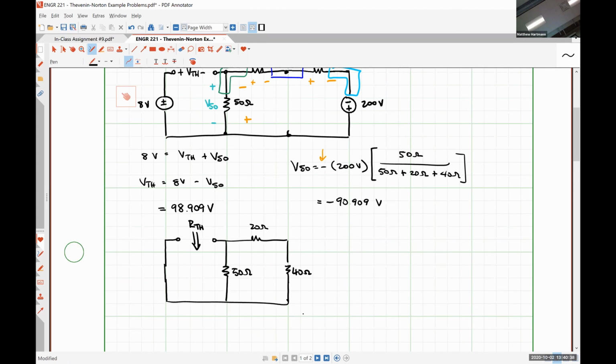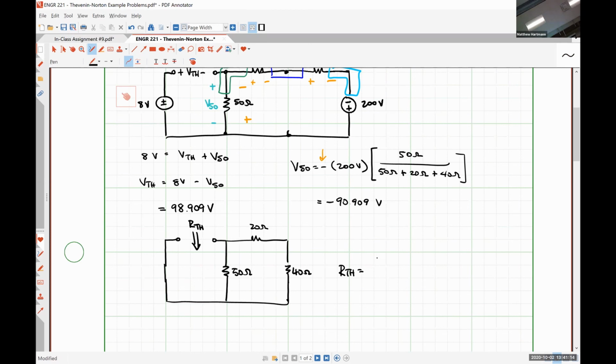So I'm looking in and trying to find the equivalent resistance. So what do I see? So you're saying they're all in series. If we identify our nodes, okay, that is correct.